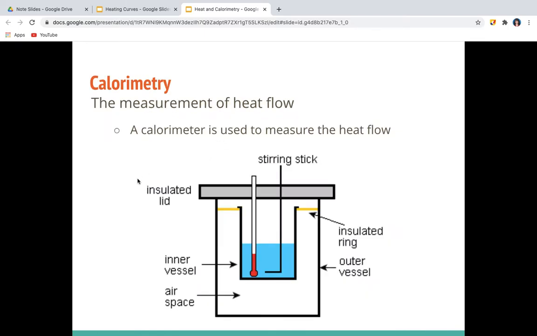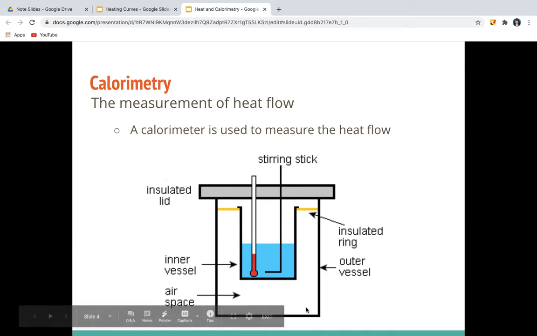Calorimetry is how we're going to measure this heat flow or this energy flow. A calorimeter is used to measure the heat flow. A calorimeter is a vessel that has an inner vessel, which is where your reaction happens, and then some sort of insulating outer vessel.